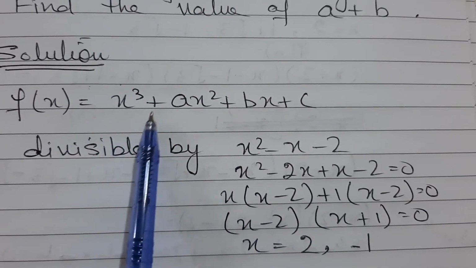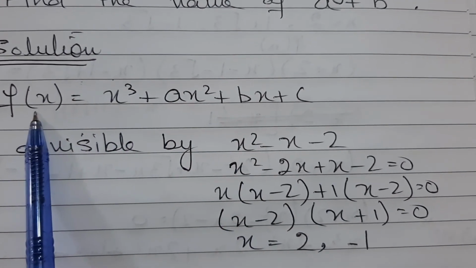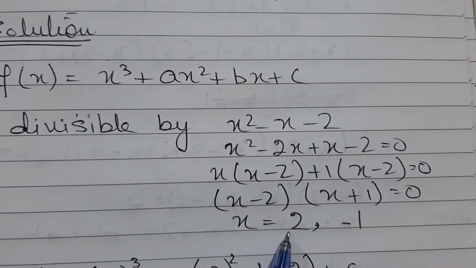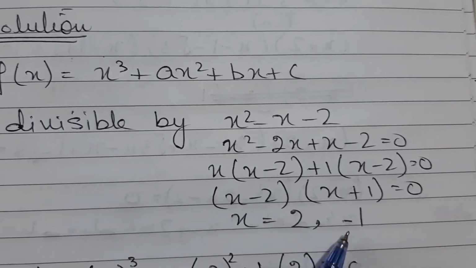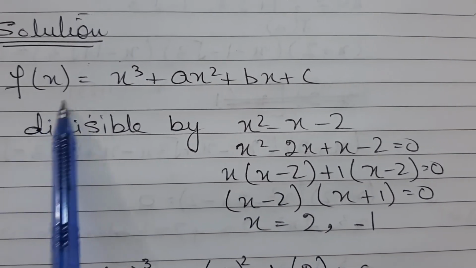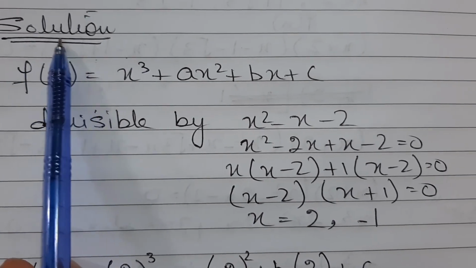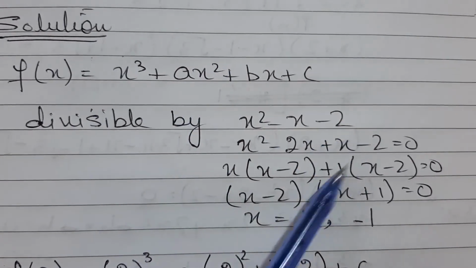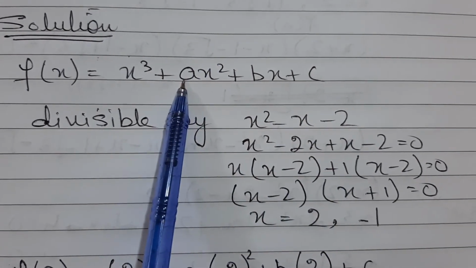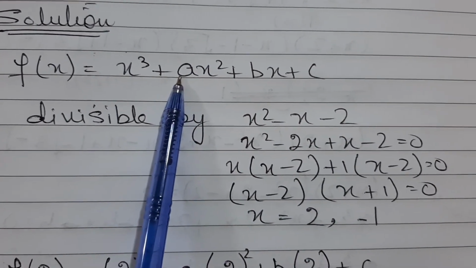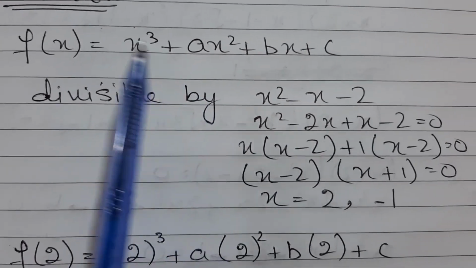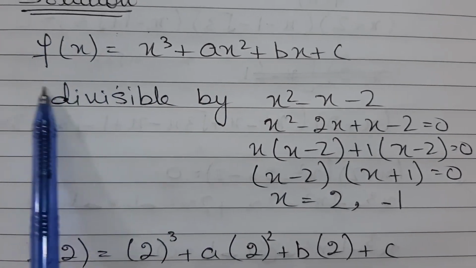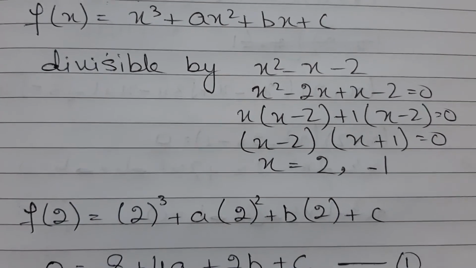Okay, so I'm calling my polynomial f of x. Now I will put both the values here, 2 and minus 1, and then I will put this equal to 0. Reason? Because this is exactly divisible. This divisor is dividing this polynomial exactly. It means the remainder is 0. And this always gives us the remainder when we substitute the value of x here.